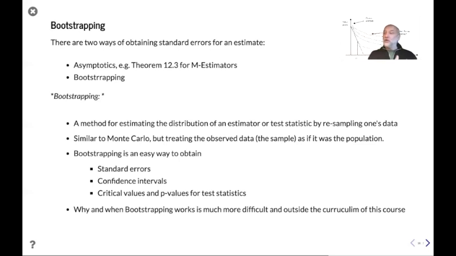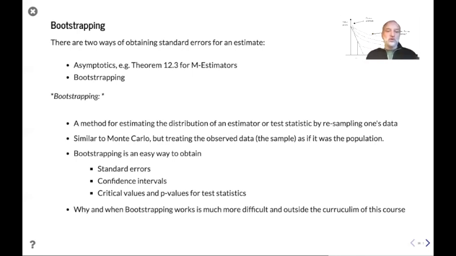Okay. And so how do you do that? Well, you kind of do Monte Carlo, not based on the data generating process, which you don't know, right? Because that's what you want to know, but based on the sample. So you resample your own data. Okay, so assuming that basically your data set is the data generating process.